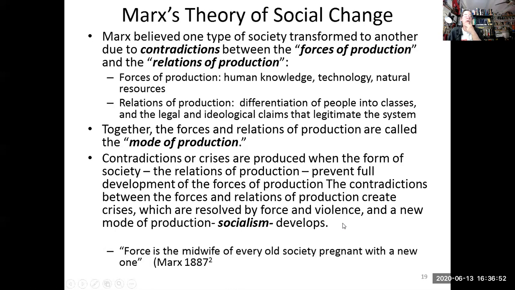But Marx believed that capitalism was, by its nature, subject to periodic crises.